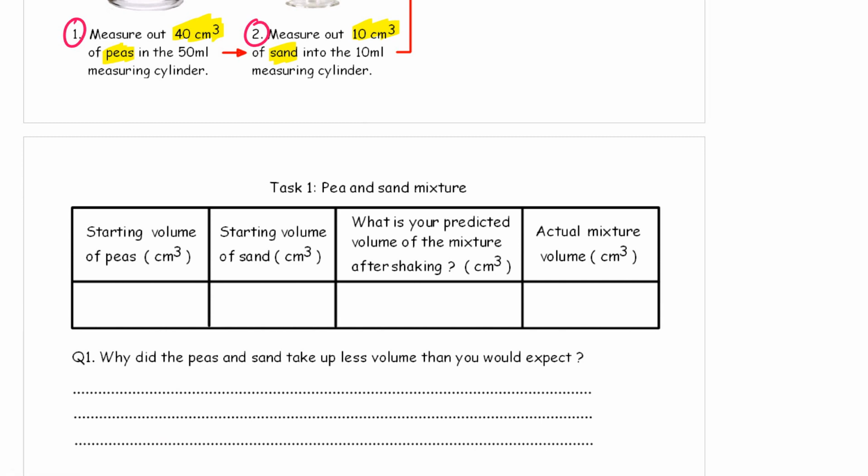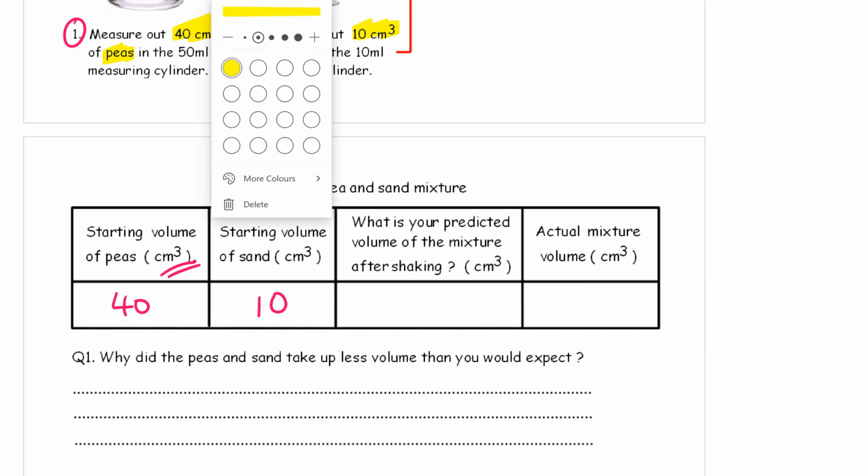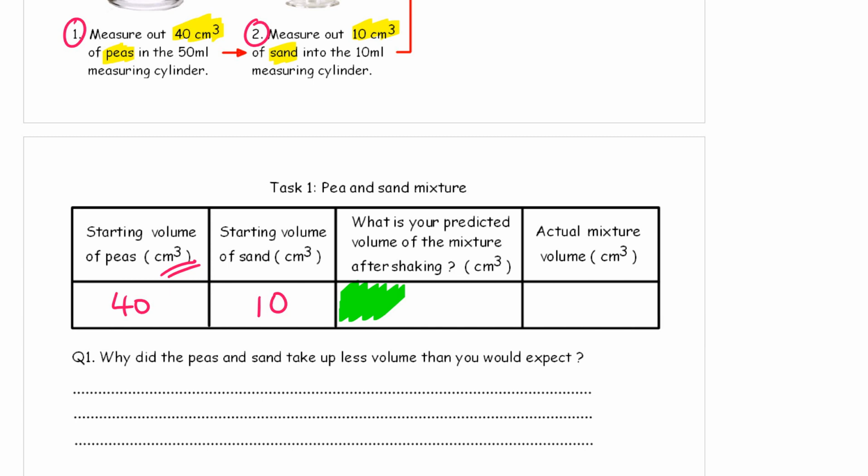So we can start filling in this table. Starting volume of the peas, 40. Don't need to put in the units, they're already there. Starting volume of the sand, 10. What is your predicted volume of the mixture after shaking? What I'd like you to do now is put in your prediction right here.